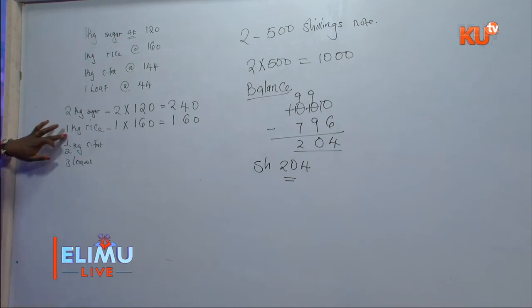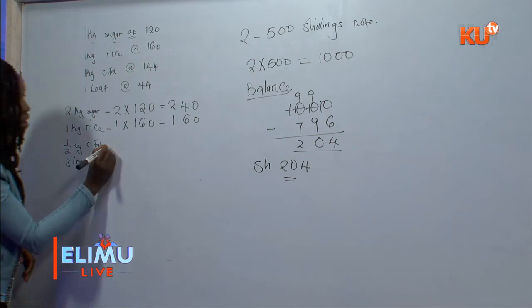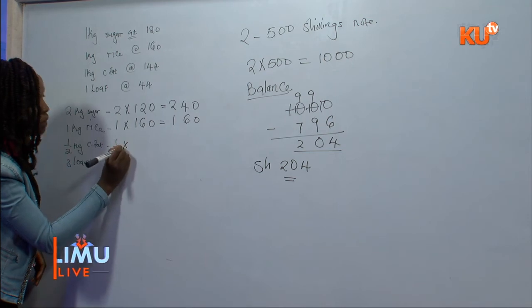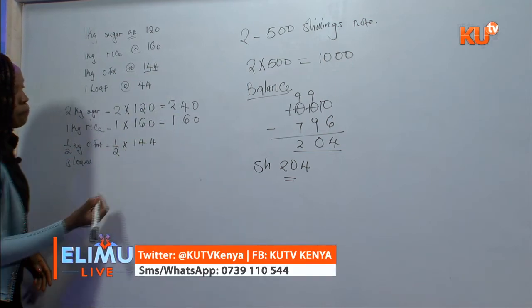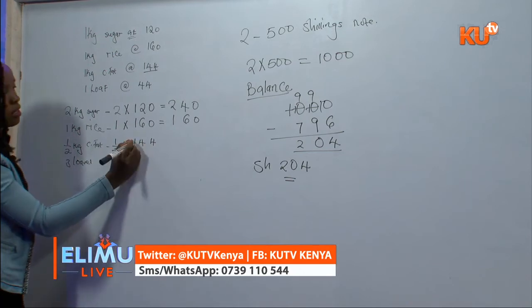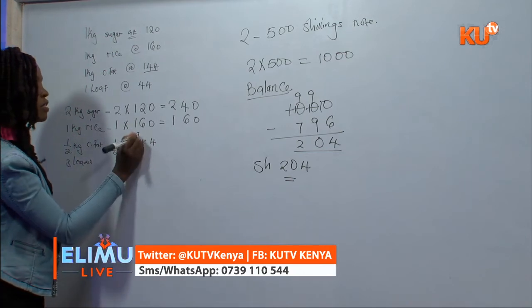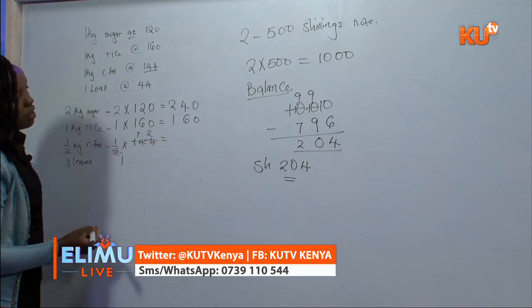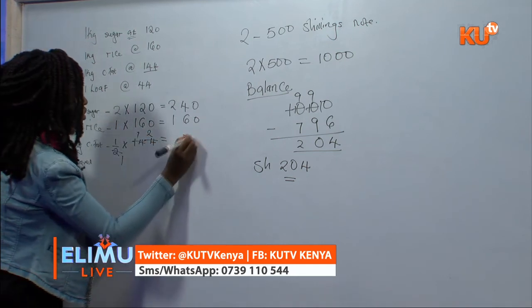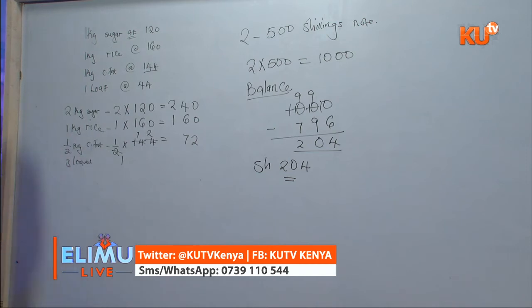So it is a half of what was bought, a half times the cost of a kg, 144. Half of 1 is... half of 14 is 7, half of 4 is 2, 72. That was the cost of a half kg of cooking fat.